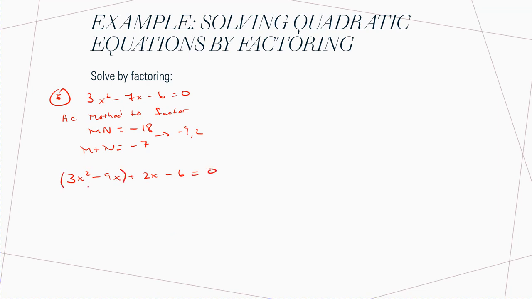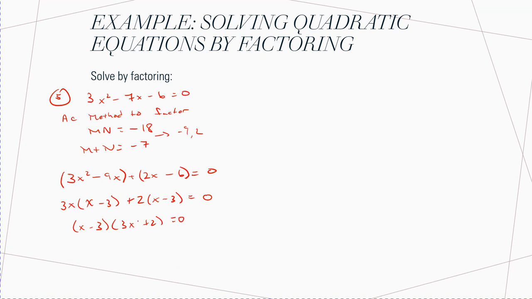You're going to group the first two together. Greatest common factor here is a 3x. So when you factor out a 3x, you're just left with x minus 3. Greatest common factor here is 2. They both have an x minus 3, so I'm going to factor that out. And then you're just left with 3x plus 2.